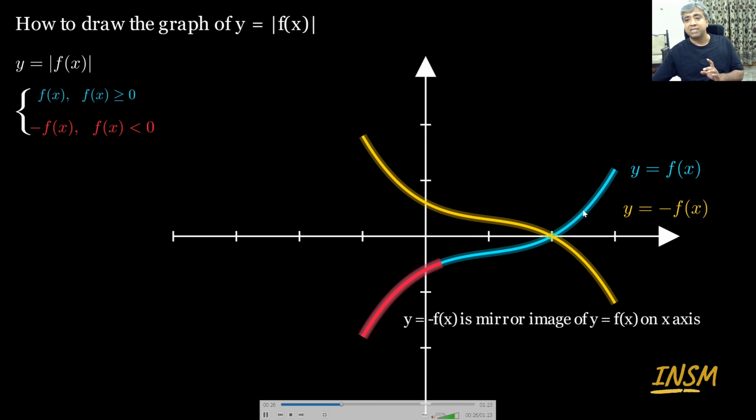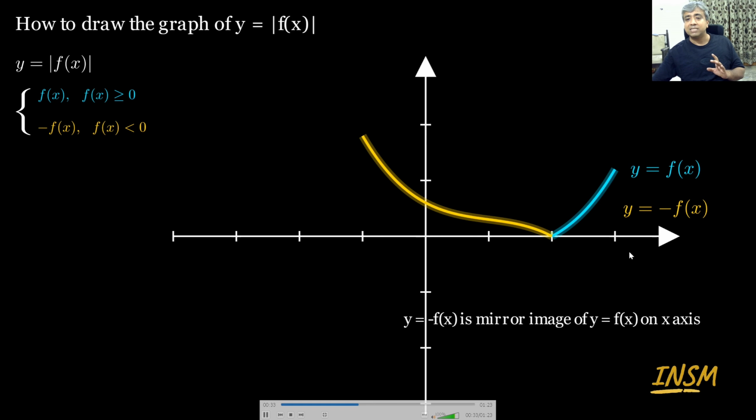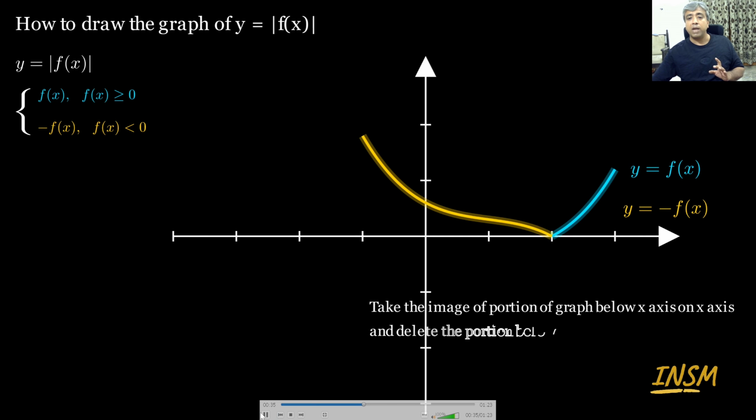Above x-axis we retain the graph, and below x-axis we take the mirror image of the graph. The portion of fx above x-axis is retained. The portion of fx below x-axis, its mirror image is taken on x-axis, and then the portion below x-axis is removed. So what you get is the graph of y equal to mod fx.